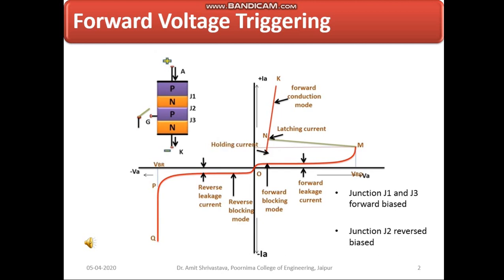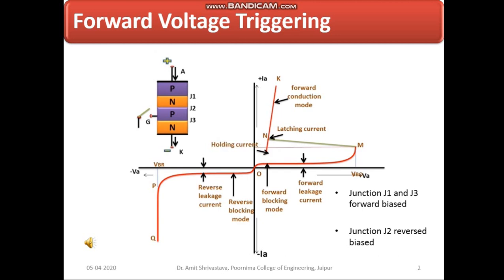The name forward breakover voltage is given because at this voltage VBO, the current voltage characteristic breaks over and shifts to its on state position with breakover current IBO. At this voltage, the thyristor changes from off state, that is high voltage with low leakage current, to on state, characterized by low voltage across the thyristor with large forward current.